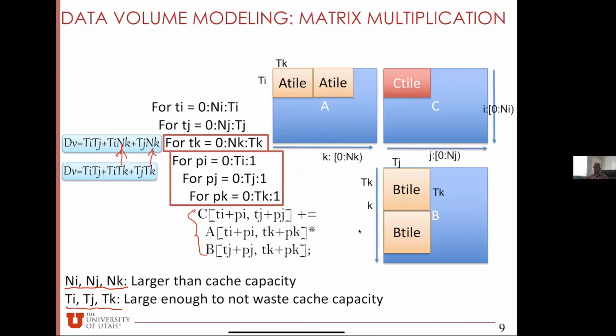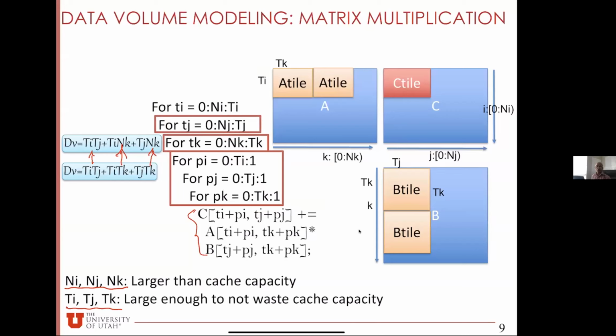But for the array C, which did not have a change in the footprint, the sub-expression stays the same.